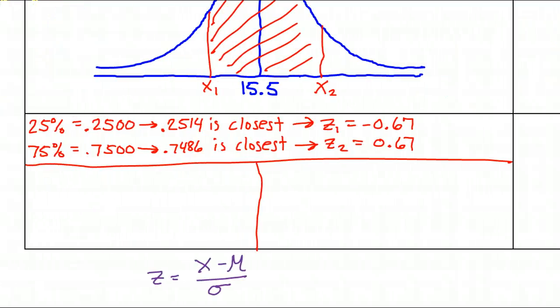Starting with z1 and just plugging into this formula, what I have here is negative 0.67 is equal to x1, which I don't know what it is yet, minus the mean, which is 15.5, divided by 0.6.